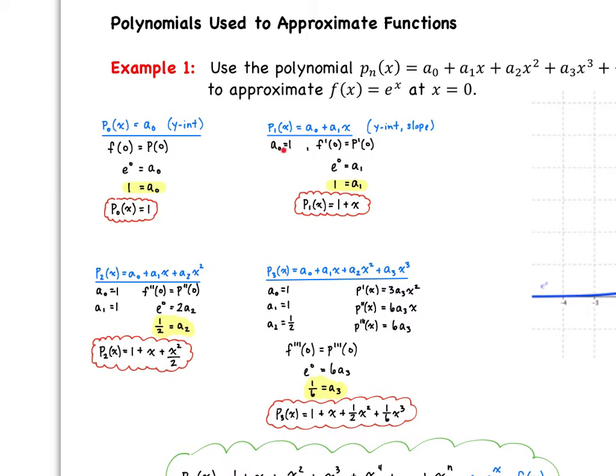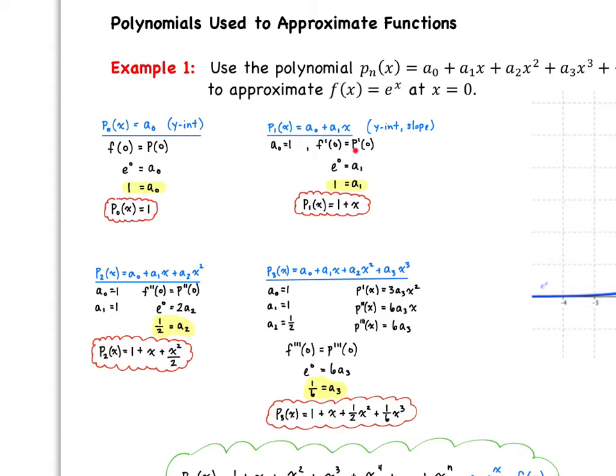Well, we already know what a naught is, right? How do we get this a1 by itself? Well, if we take the derivative of this polynomial, then this a naught goes away, and this a1 is all by itself. And then the rest of the terms have x's in them.